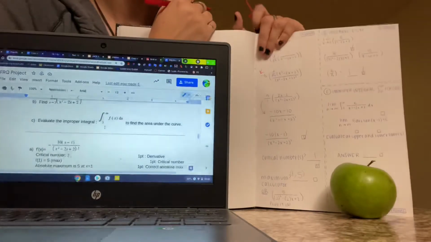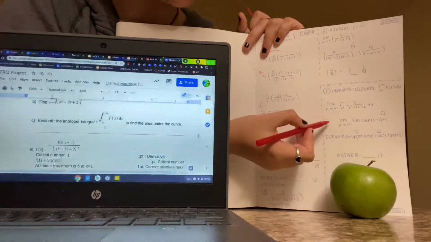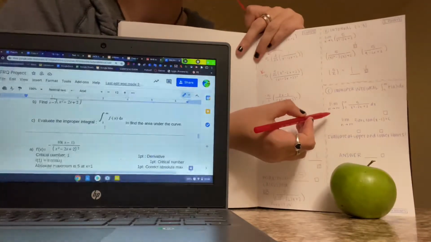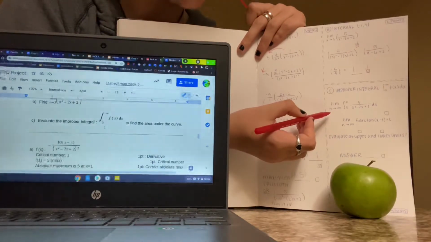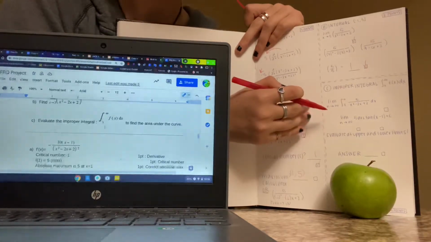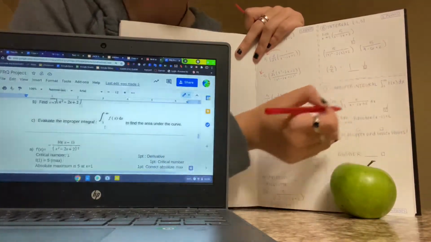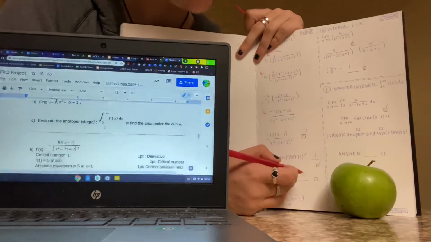The first step to solving this would be to take the antiderivative, which you would find as limit as n goes to infinity of 5 arctangent of x minus 1 plus c. So this would give you your first point here for finding the antiderivative.